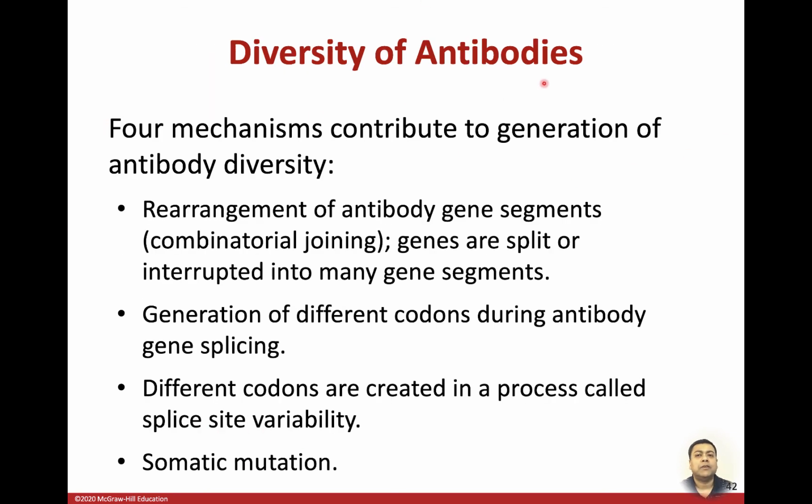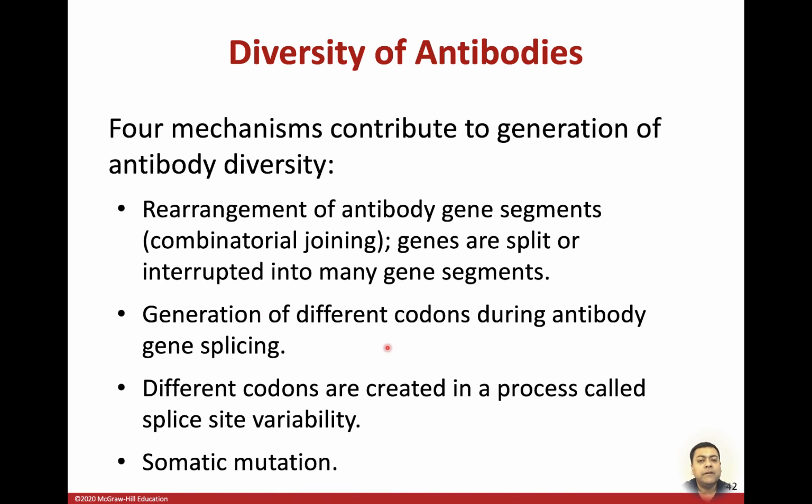The next portion that we are going to see, although we are not going to go into the detail of the molecular biology of that, because that is an entirely different area that we can discuss all day long, is that there are 4 mechanisms that contribute to generation of antibody diversity. The rearrangement of antibody gene segments, which we call combinatorial joining, where the genes are split and interrupted into many gene segments.